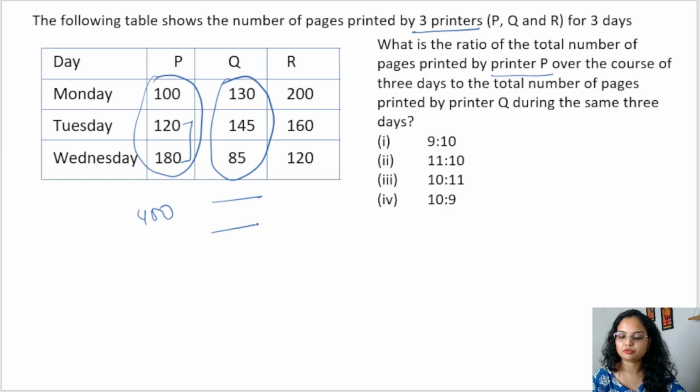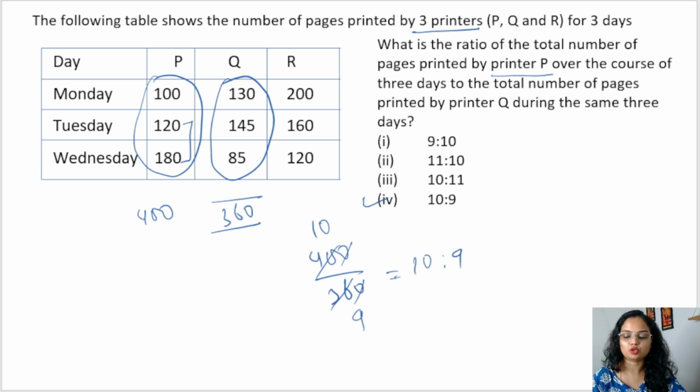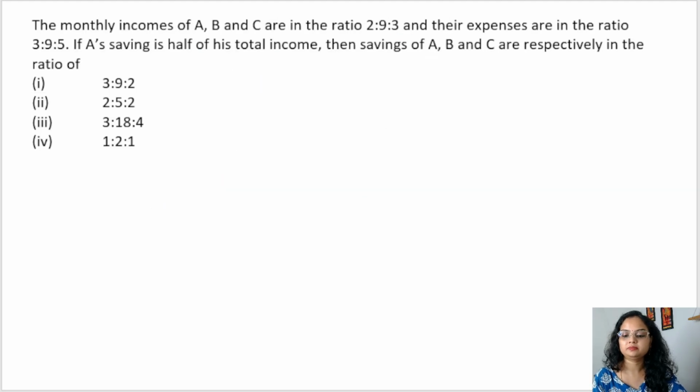It is 145 plus 85, it is 230 plus 130, it is 360. What is the ratio? It is 400 divided by 360. It is 4 into 10, 4 into 9. It is 10 is to 9. Fourth option.